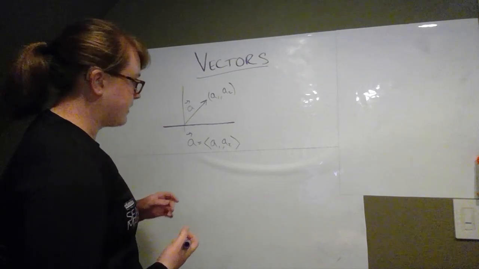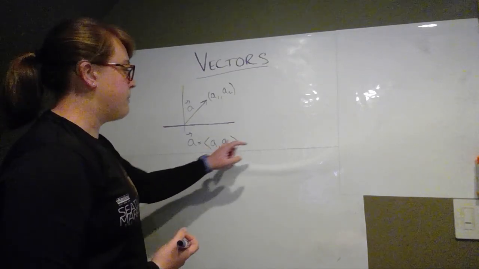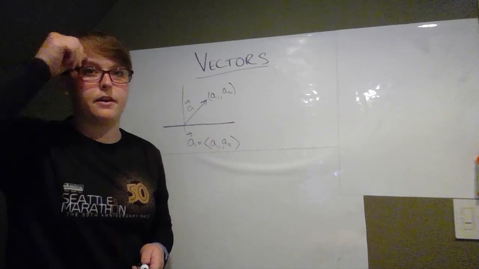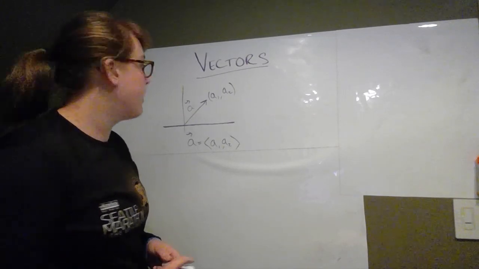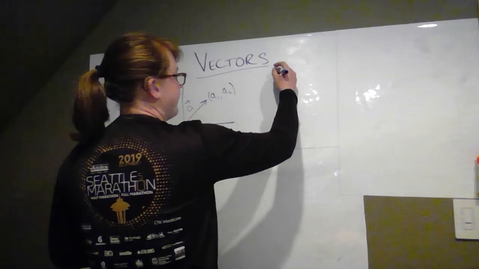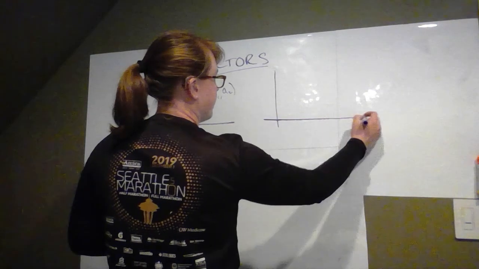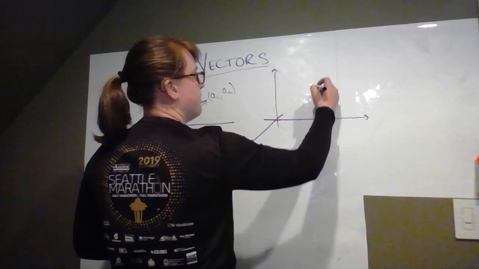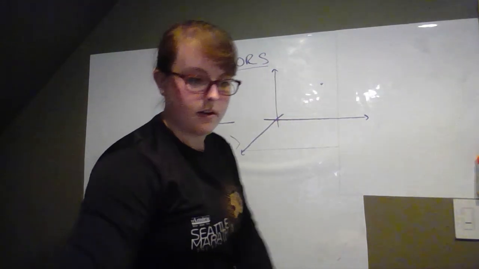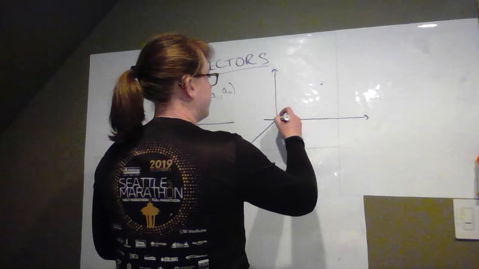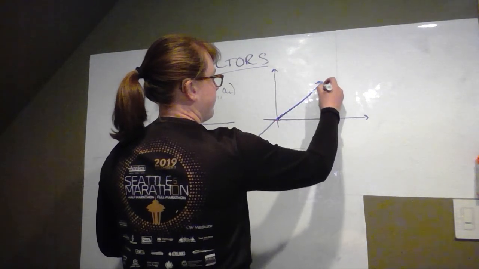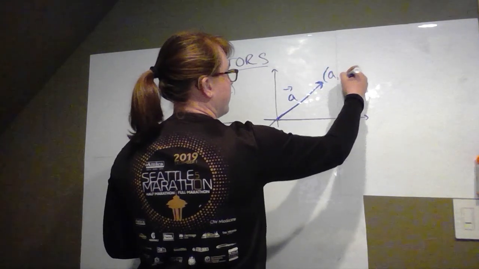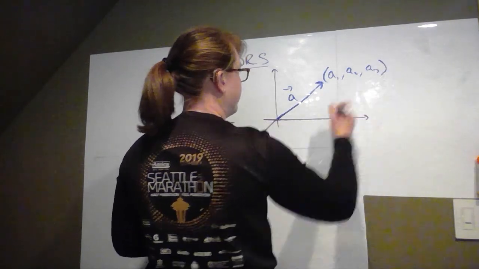So if we're expressing vectors in a coordinate system, we want to use arrow brackets instead of parentheses like we do for coordinates. Or if we're in three-dimensional space, this might be my vector A this time, and it's pointing at the coordinate A1, A2, A3.